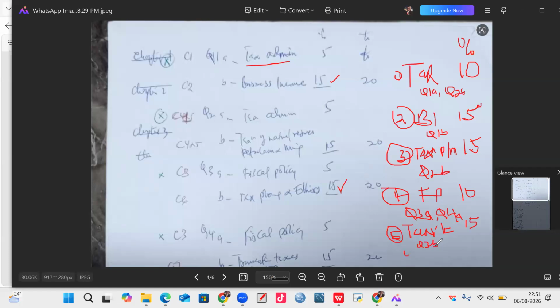Number 6. If you find a question on emerging trends, know that it is 10 marks. Where will you find that question? You find that at question 5A.